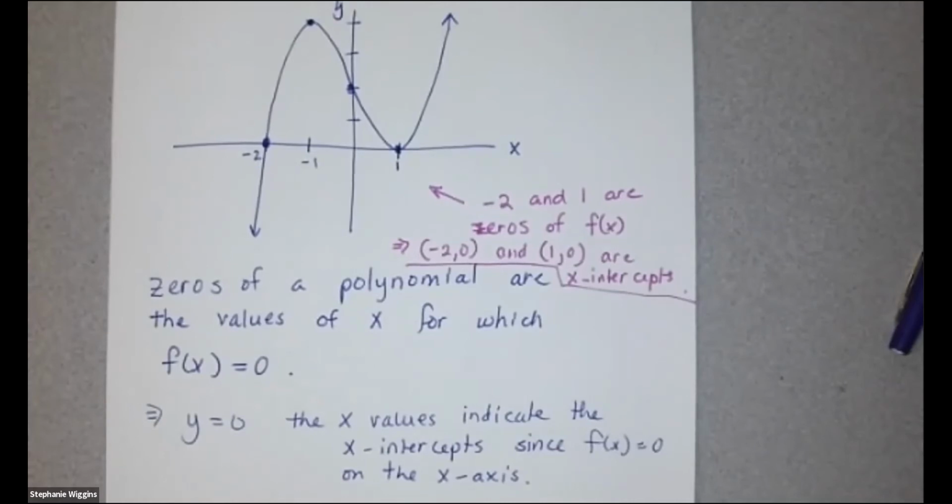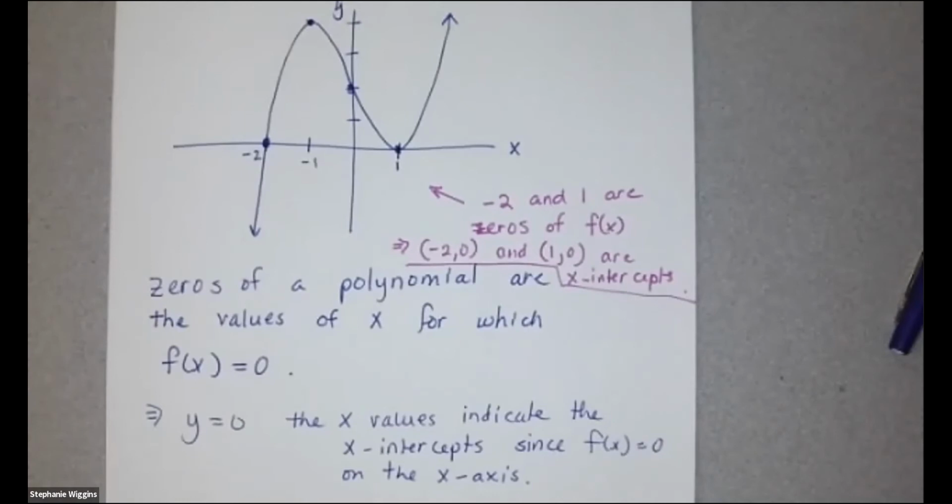If you find the zeros, then you can find the x-intercepts. They're directly related in this manner, okay? So that's important to understand. So if you're looking for x-intercepts, you want to solve the equation f of x equals 0. Okay, any questions to this point?